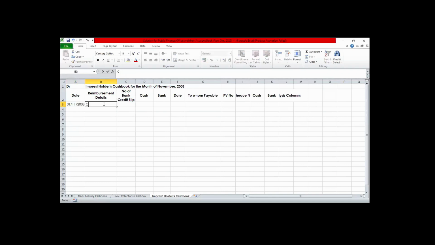What is the cash float given to us? 80,000, cash float. Since it's cash they gave to us, it is not a check. If it is a check, it's going to appear under bank. But since we were given cash, that will appear under cash, 80,000.